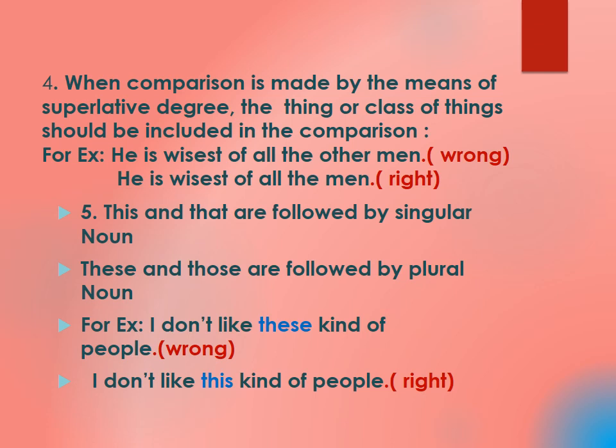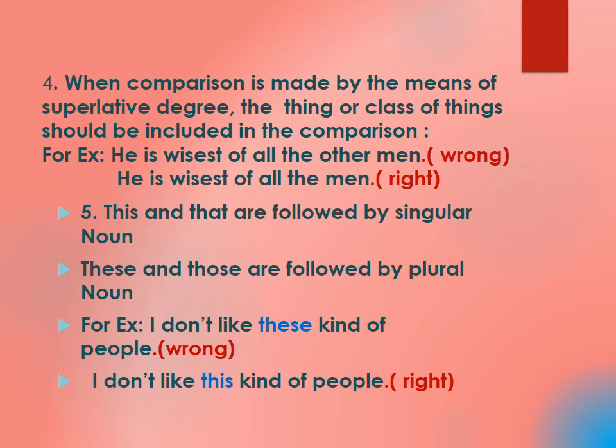This will be wrong to say because we have excluded him from the other men, whereas we are doing the comparison including him. So in that case we will not add other. So the right sentence is, he is wisest of all the men.